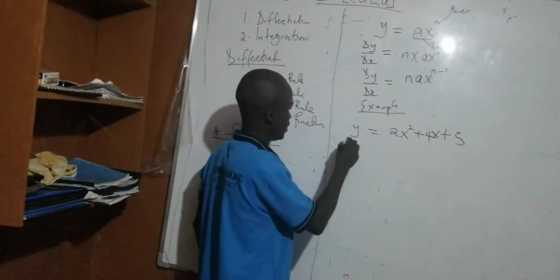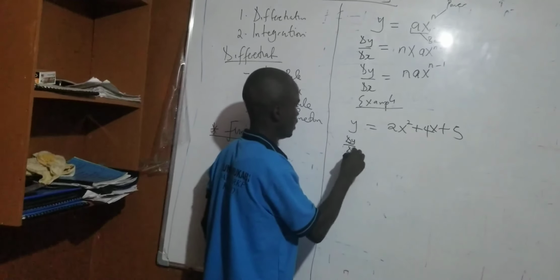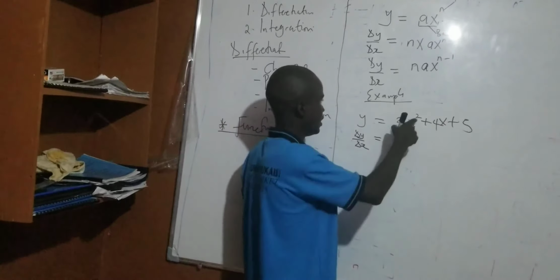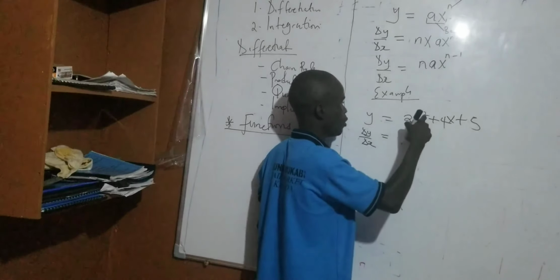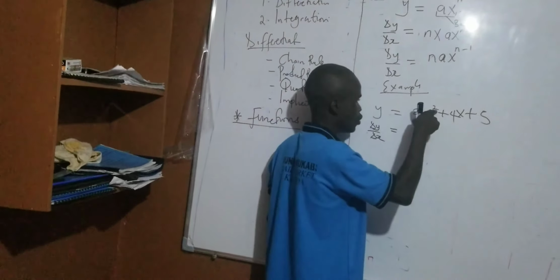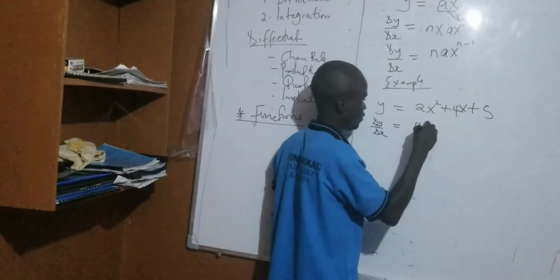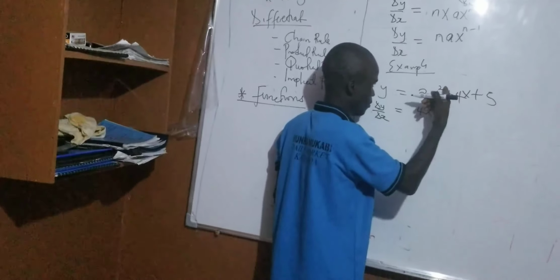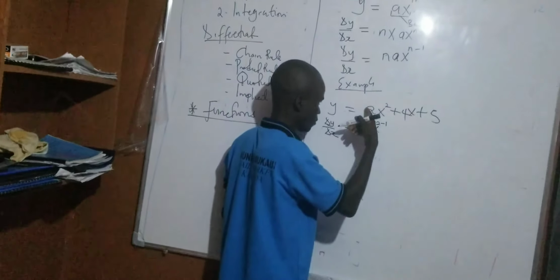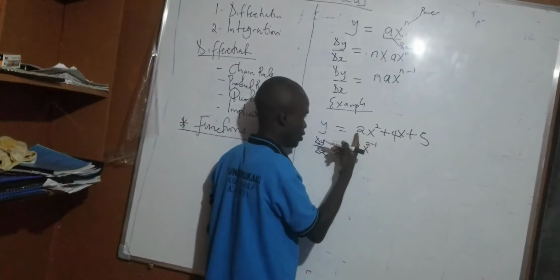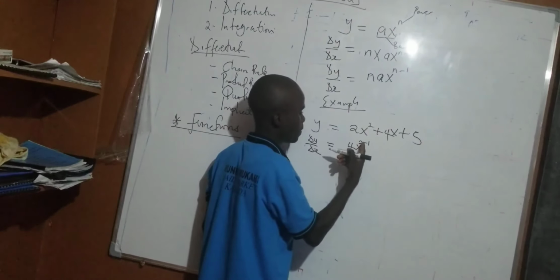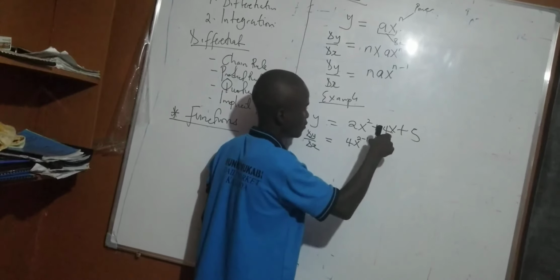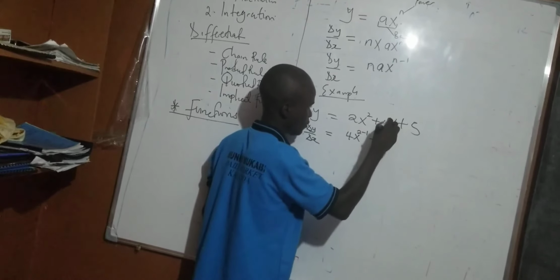Change in y over change in x equals, this is 2, our power, you multiply the power times the base, 2 times 2x, you get 4x to power 2 minus 1. Drop the power, multiply times the base, then reduce the power by 1.